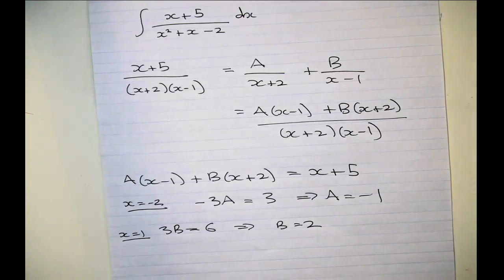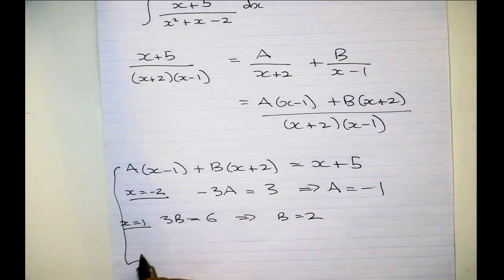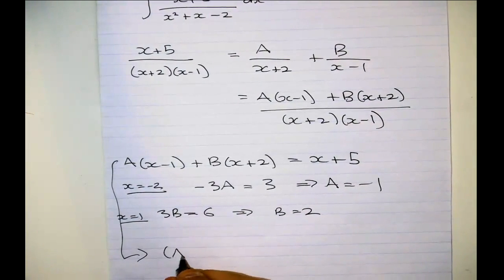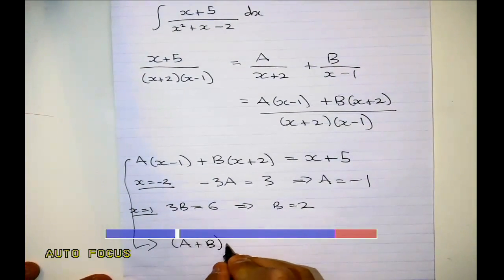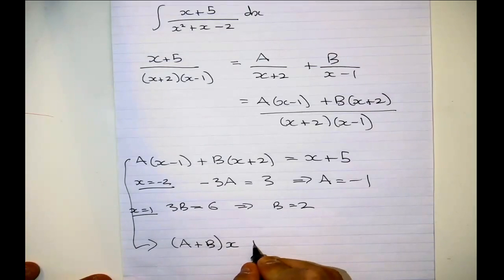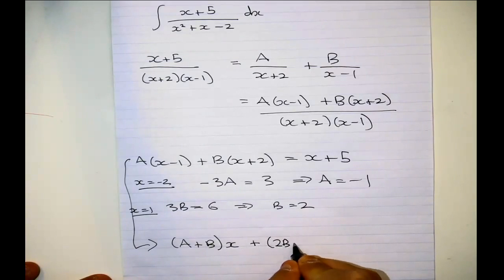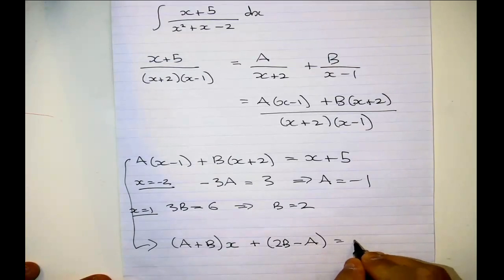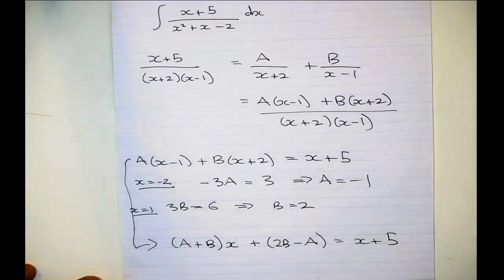The alternate way to do it is to expand this out and collect like terms, so write it as a polynomial. Then equating coefficients tells you that a plus b must equal 1 and 2b minus a must equal 5.